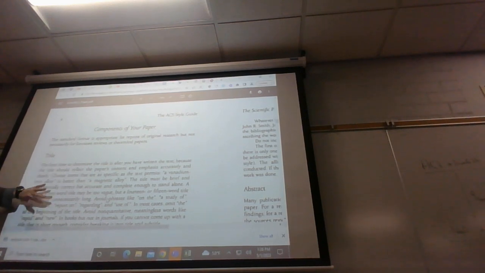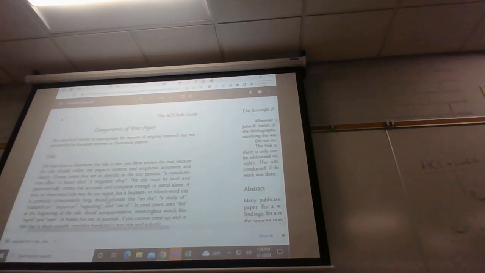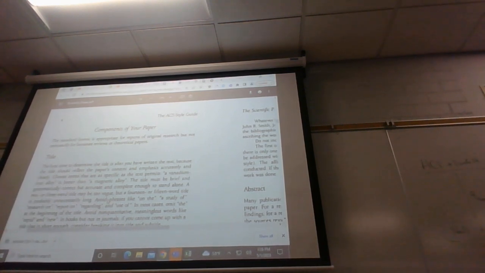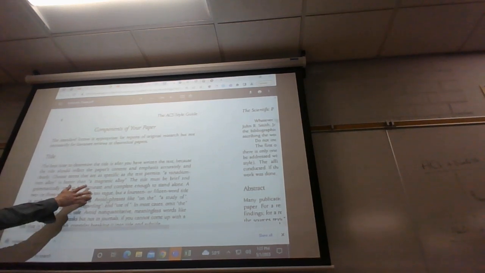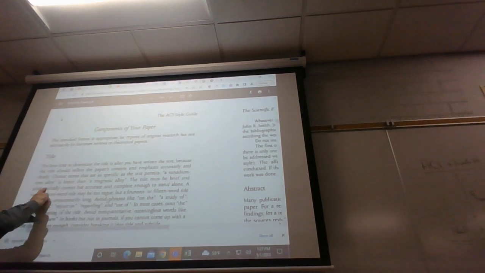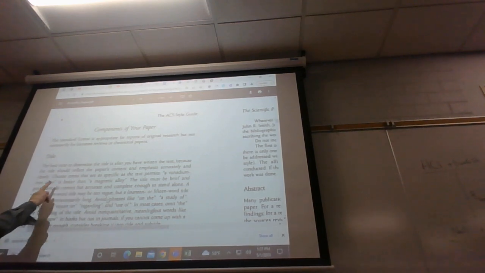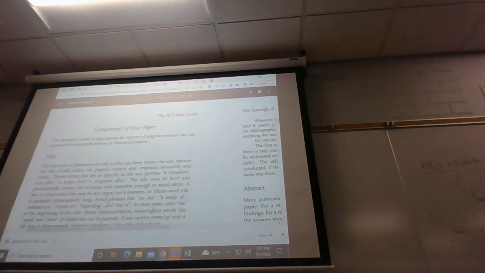Normally in a title, you want it to contain a lot of keywords that make database searching a little easier. But for us, we're not going to worry about it. They choose terms that are specific as text permits. So vanadium iron alloy is better than a magnetic alloy, etc. But you could have magnetic in there. That's a good keyword to throw in the title.